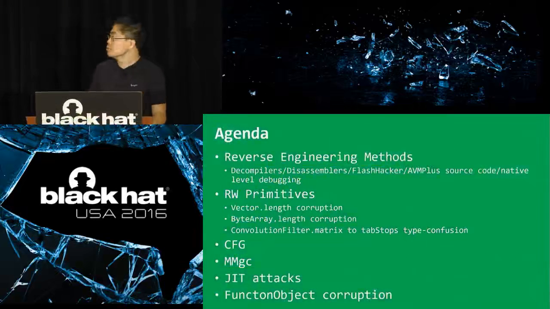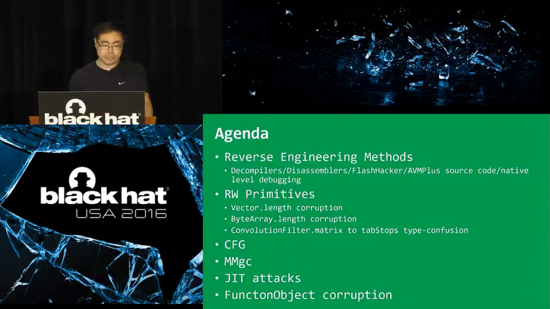So, agenda. We are going to talk about the reverse engineering method for Flash exploits today. First, we will look into the method that we used and found effective. Next, we will go through real examples from the last few months or maybe few years.